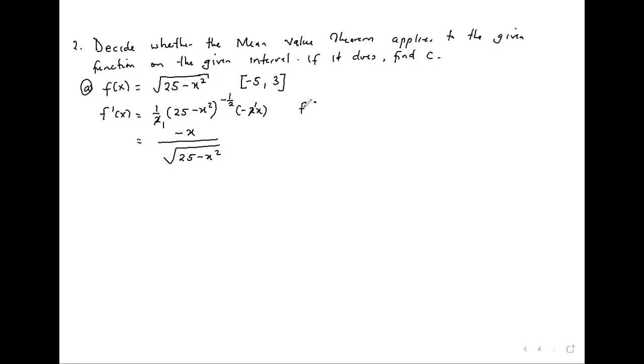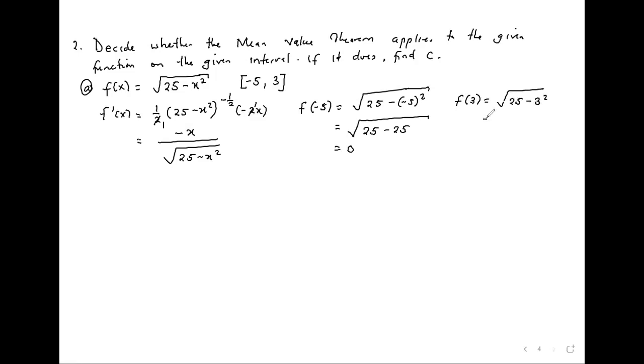What about f of -5? Is it defined? You get the root of 25 minus -5 squared, giving us 25 minus 25, which is 0. What is f of 3? That is the root of 25 minus 3 squared.